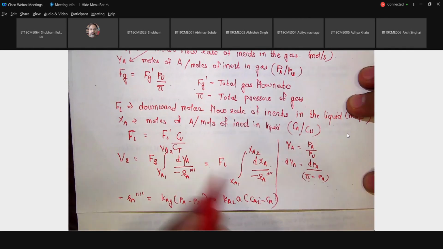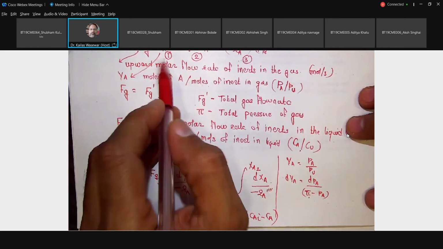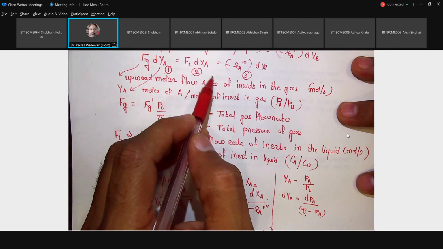Also from these equations 1 and 2, you can write down the balance equation at any instant.